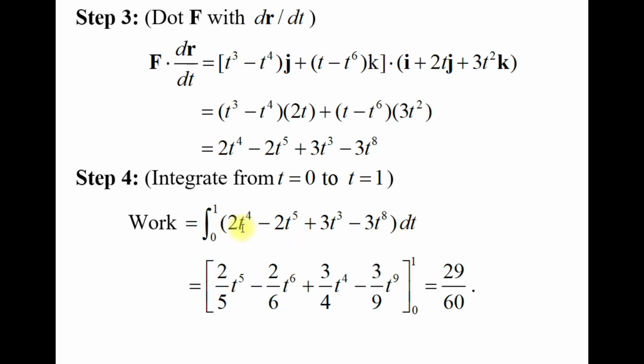The integral of t raised to 4 is t raised to 5 by 5. Similarly, the other terms can be evaluated, and giving the limits of integration, we get the value 29 by 60 units.